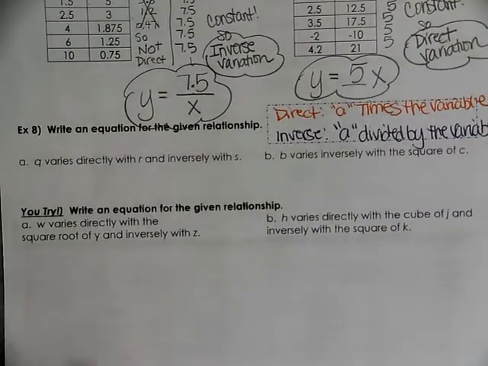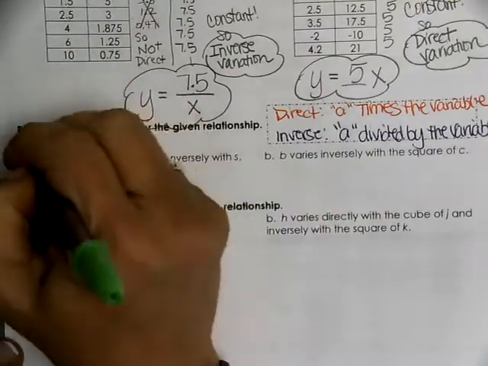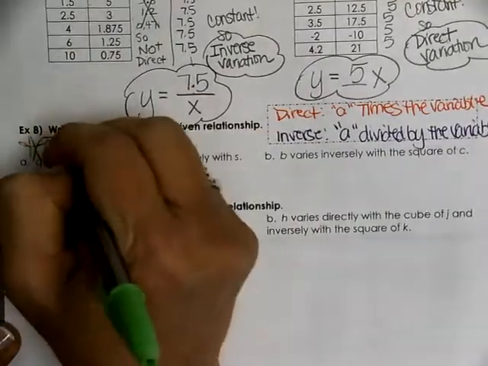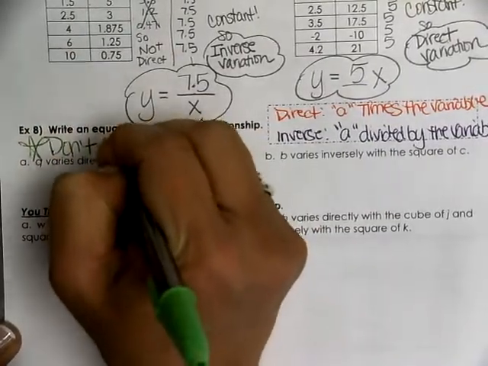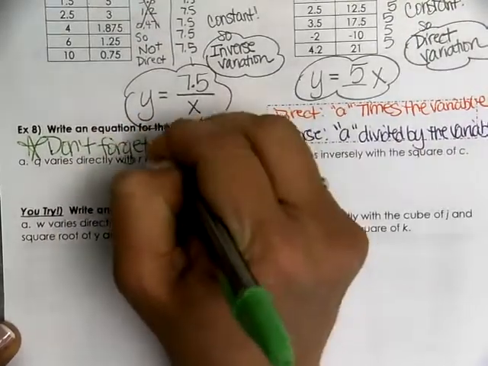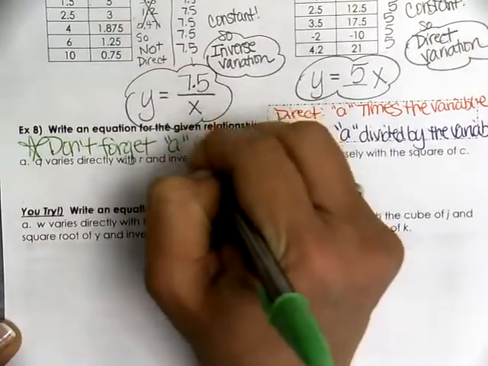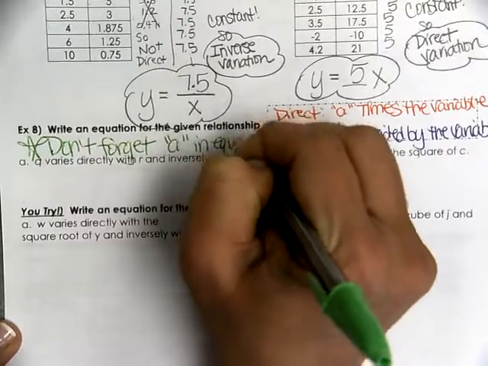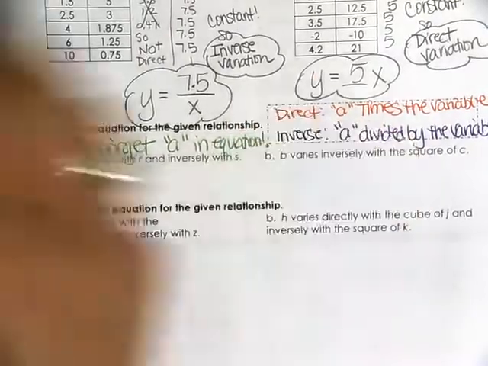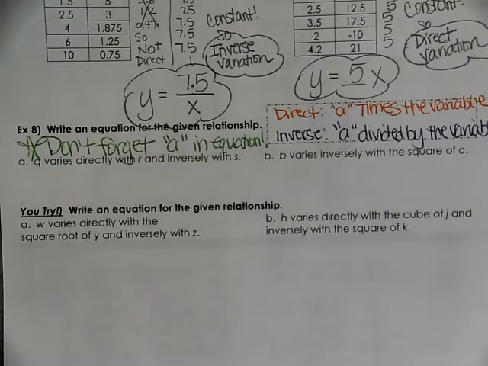And when you're writing these equations, you're writing an arbitrary equation. So I'm just going to write a little note. Don't forget a in your equation. That's what I often see on quizzes and stuff. People will forget the a value.